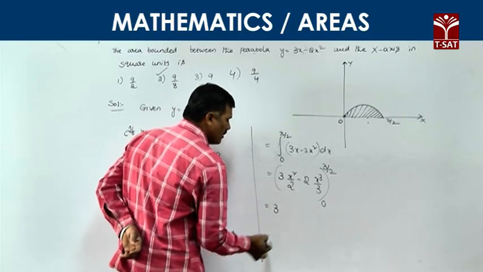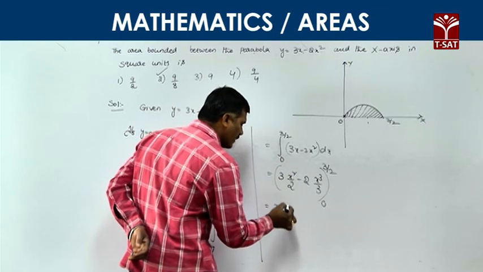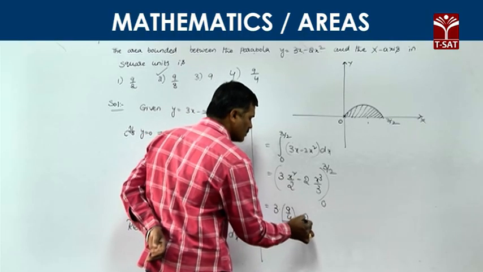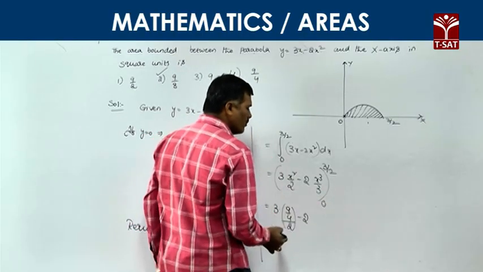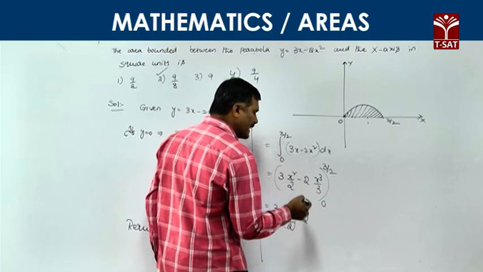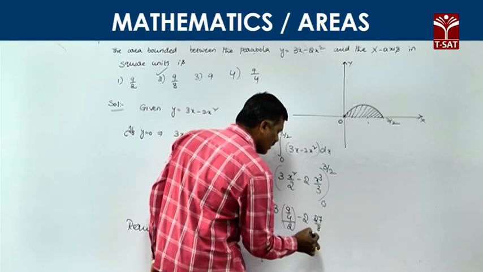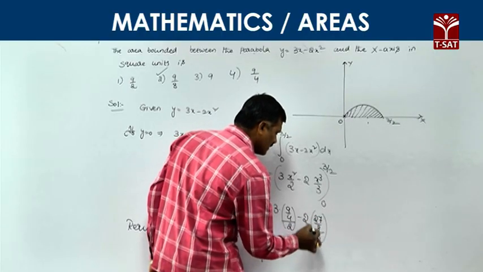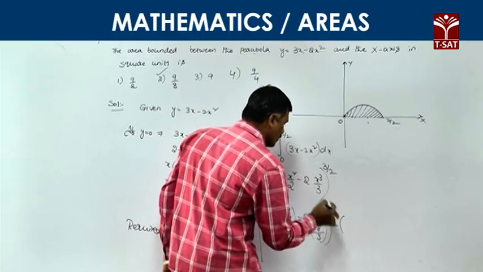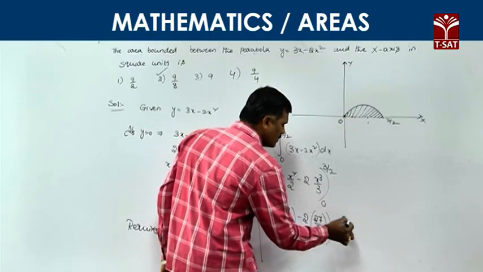3 into x square, 3 by 2 whole square, 9 by 4, whole divided by 2, minus 2 into x cube, 3 by 2 whole cube, 27 by 8, divided by 3, minus the lower limit, substituting 0, minus 0.